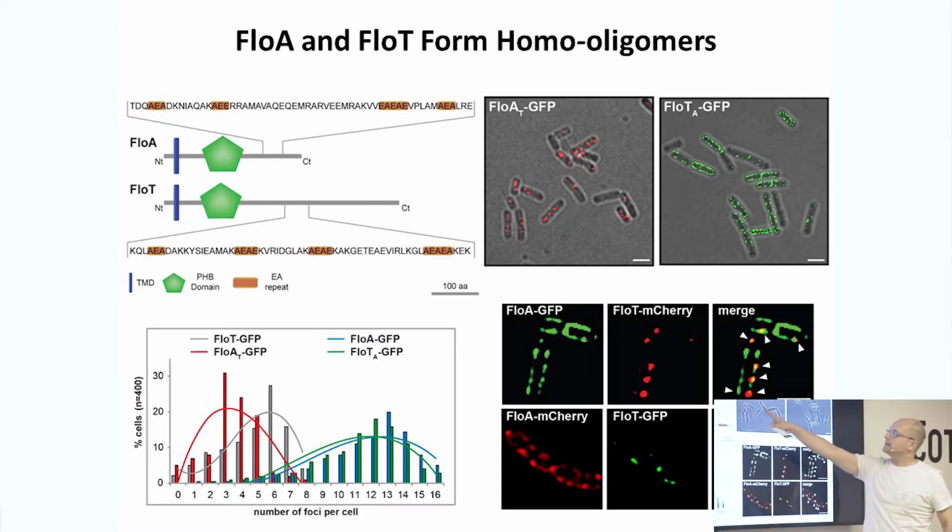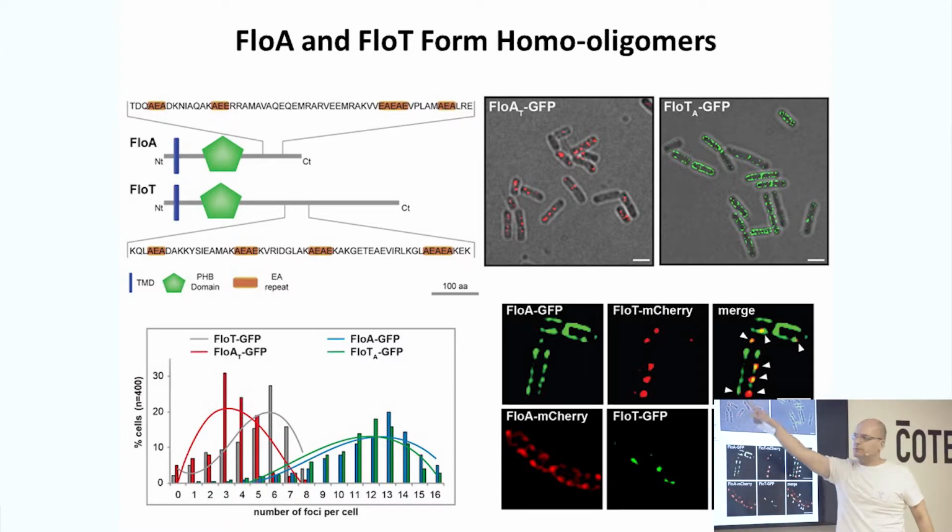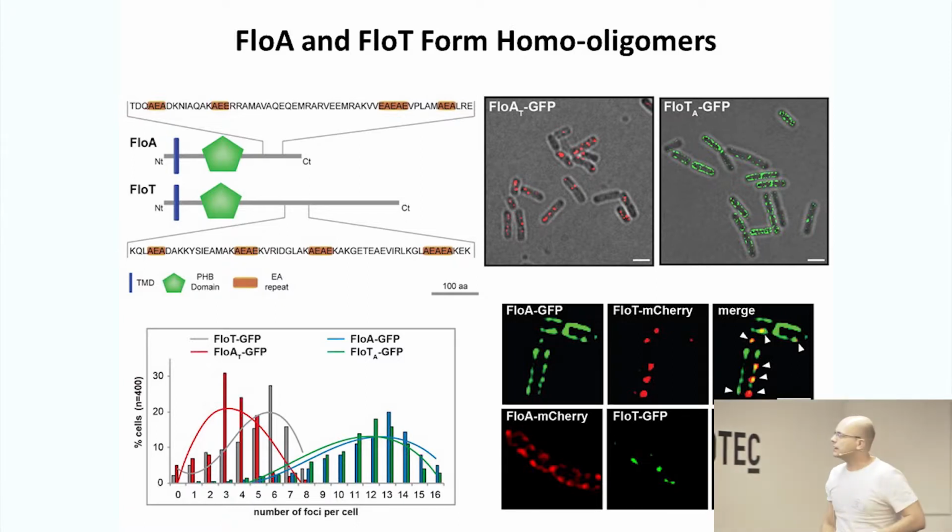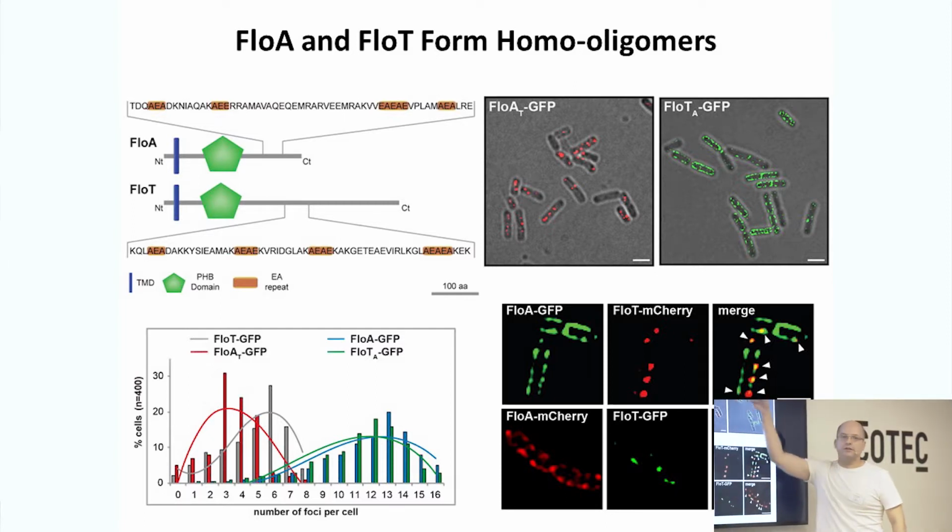Now this FloA that has the C-terminal part of FloT, you see the number of foci changes. Now it looks like FloT. They are bigger foci. This doesn't make 13 foci per cell anymore. They are bigger, and the number is fewer. And the same happens with FloT. This is a version of FloT where we replaced the C-terminal.